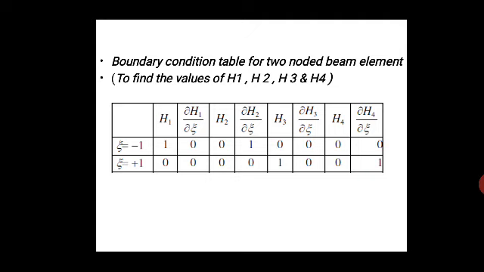Similarly, H4 is 0 when zeta is equal to -1, and derivative of H4 with respect to zeta is also 1. Similarly, when zeta is equal to +1, H1 is 0, derivative of H1 is 0, H2 is 0, derivative of H2 also 0, H3 is 1, and derivative of H3 is 0, and H4 is 0, and derivative of H4 is 1.